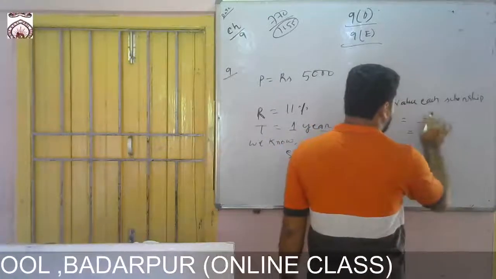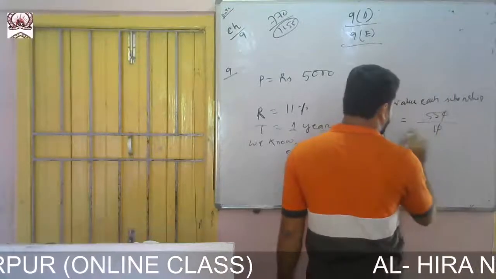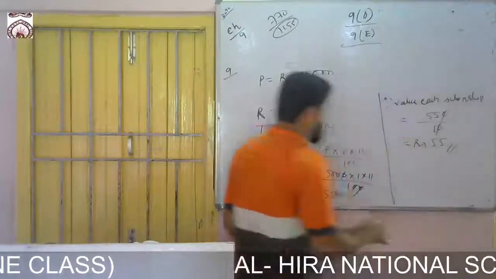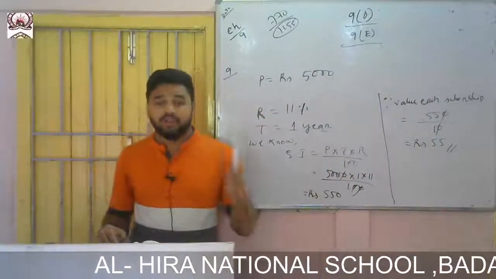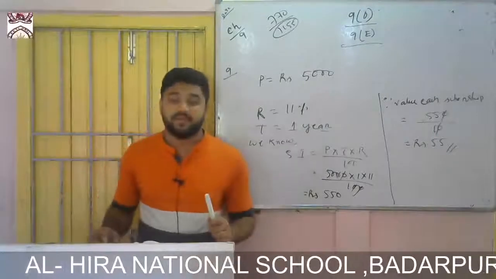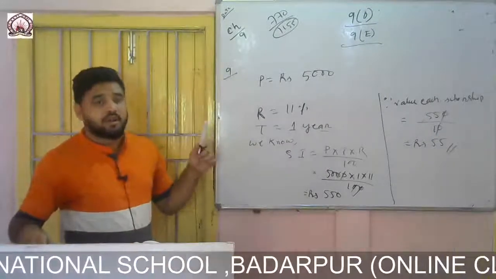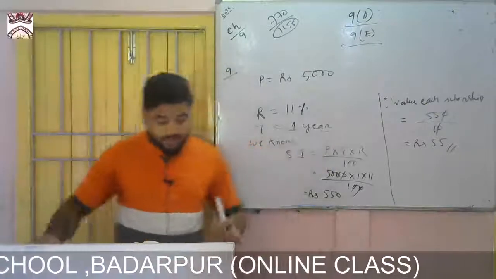So 1 zero 1 zero cancel, it remains rupees 55. That is the answer. The money of each scholarship will be rupees 55.